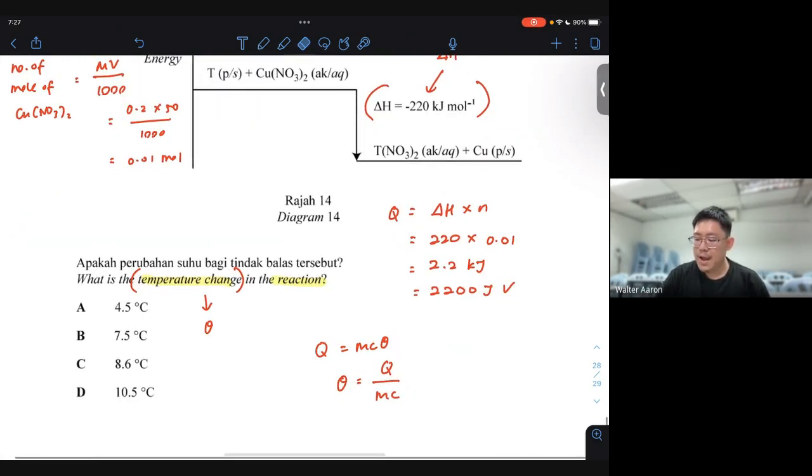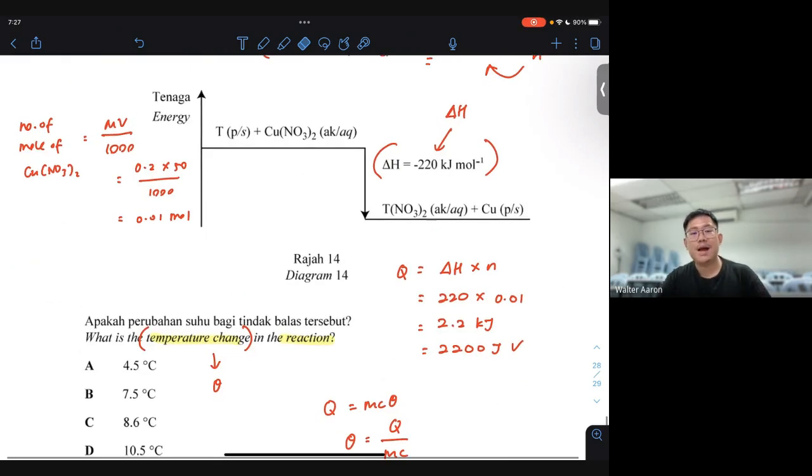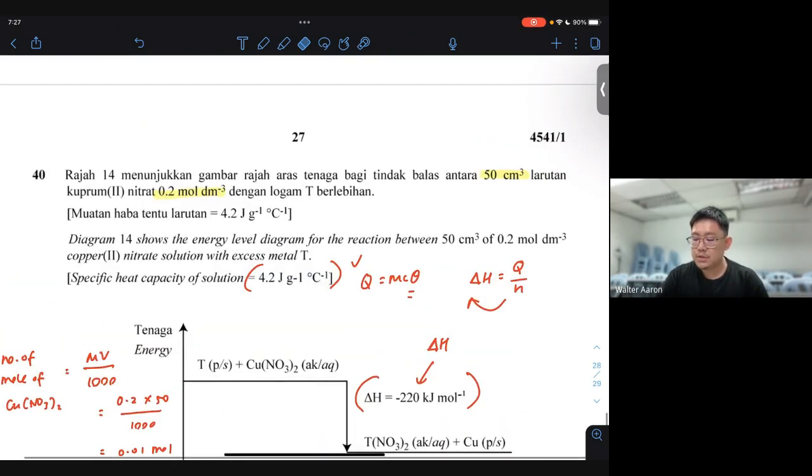What we don't have now is m. But m corresponds to the mass of the solution. Assuming that the density of the solution is 1 gram per cm³, if we have 50 cm³ of solution, it will be equivalent to 50 grams. Just convert it into grams, that's it.